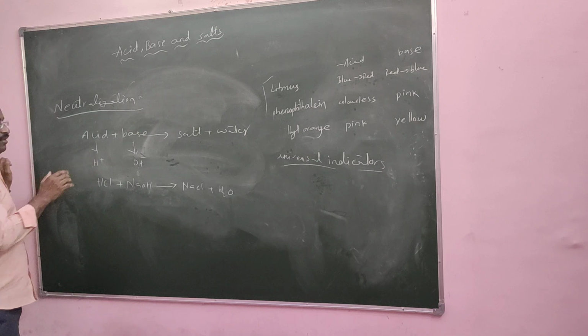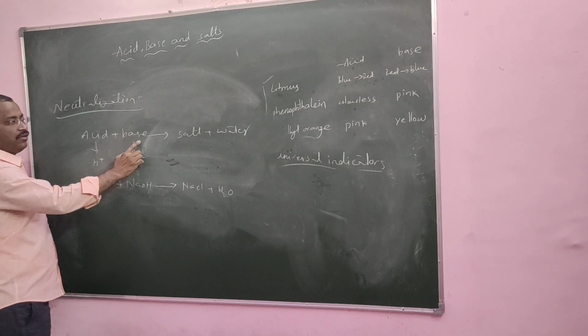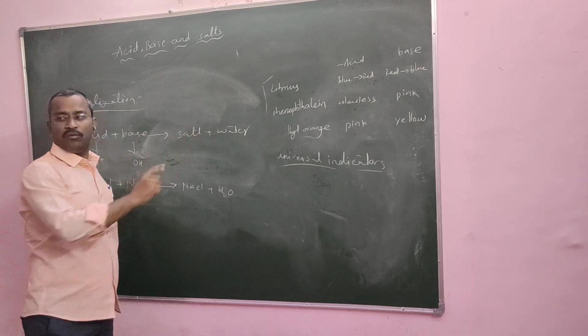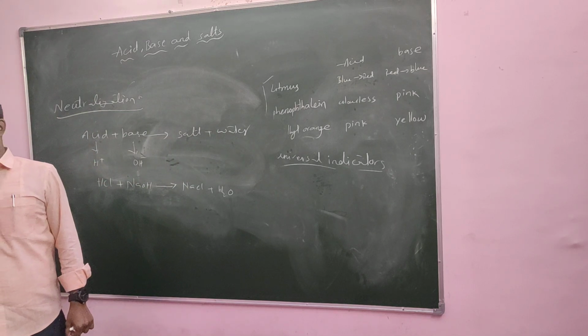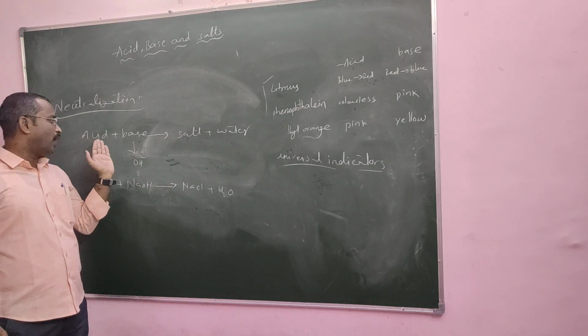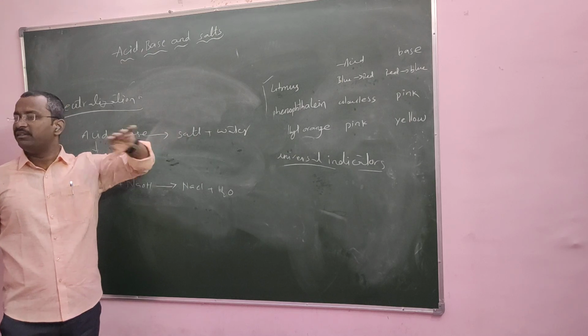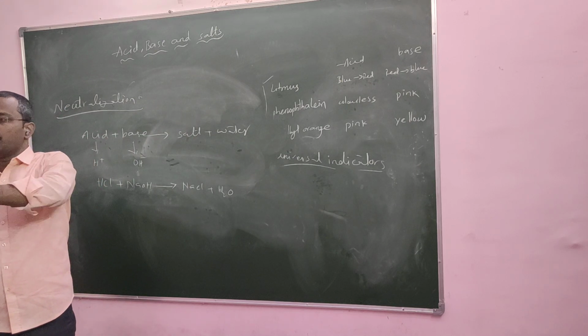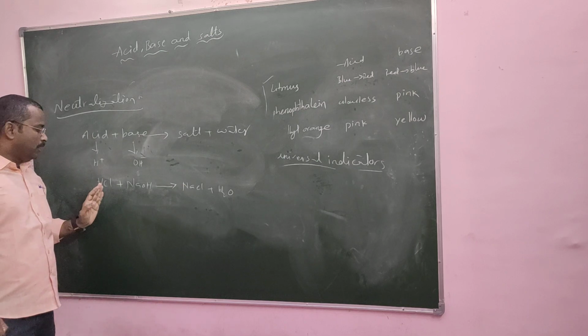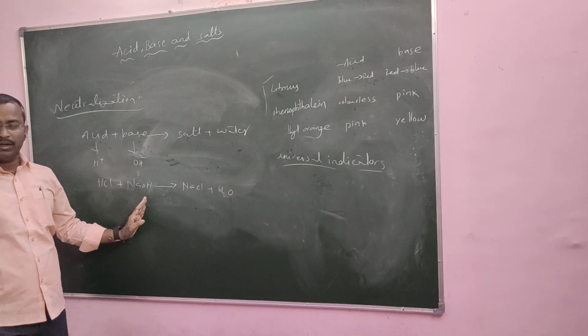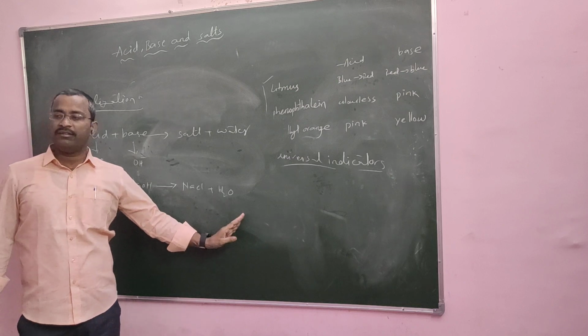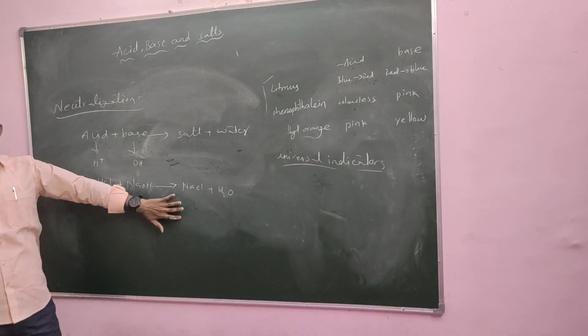For example, if I say acid reacts with base and produces salt and water, this is the explanation of the reaction. But when I write HCl plus NaOH gives rise to NaCl plus H2O, this is called an equation.